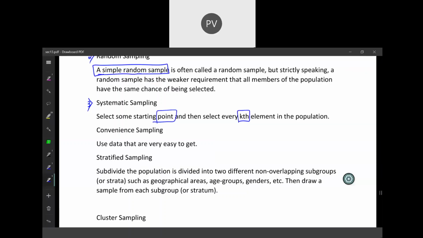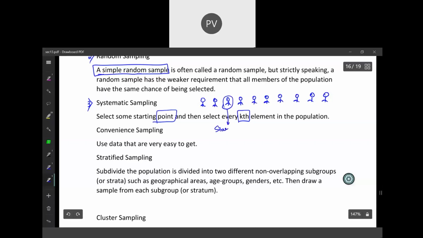For example, let's say you have 1, 2, 3, 4, 5, 6, 7, 8, 9, 10. Okay, you have 10 individuals here. Now I am going to start from somewhere here. Okay, so this will be my starting point. And now I am going to select every second individual.